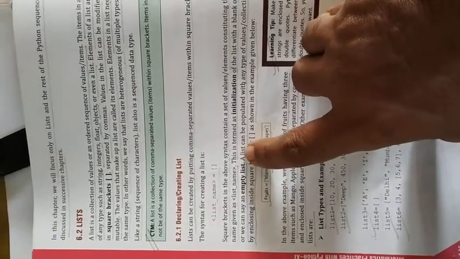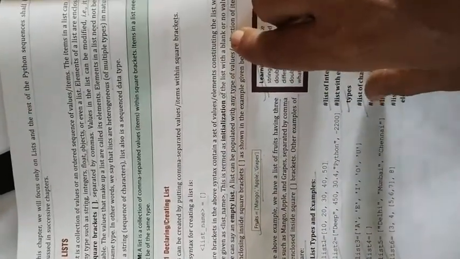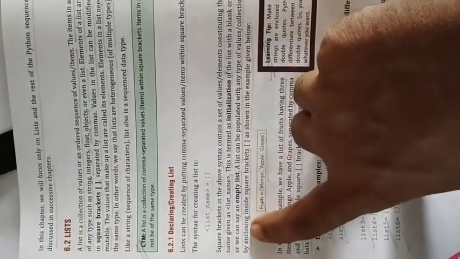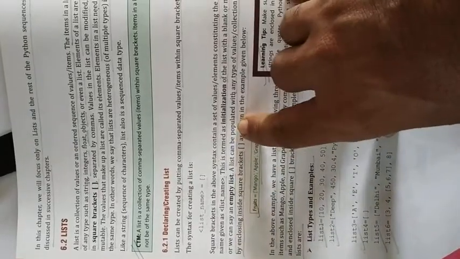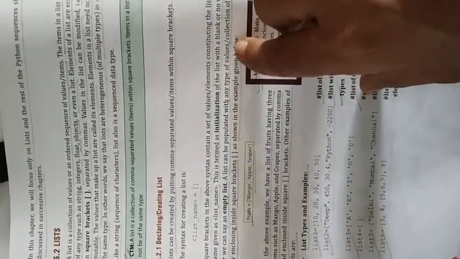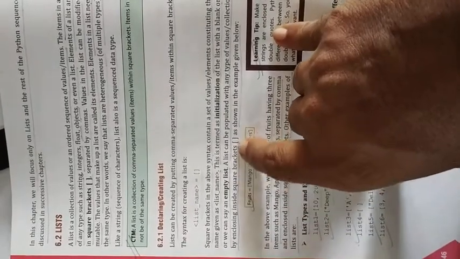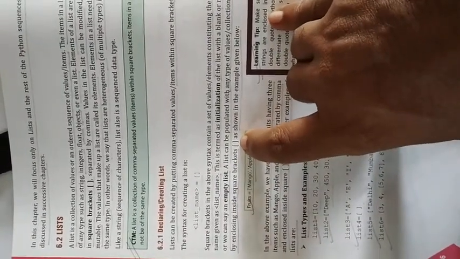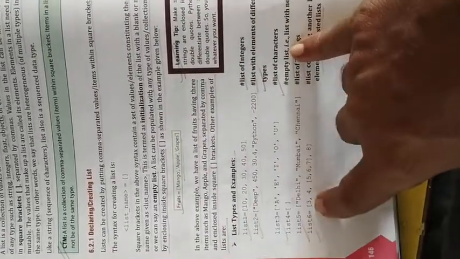This is also the initialization of a list with no values, or we can say an empty list. A list can be populated with any type of values, a collection of items, by enclosing them inside square brackets. So a square bracket is needed to declare a list.